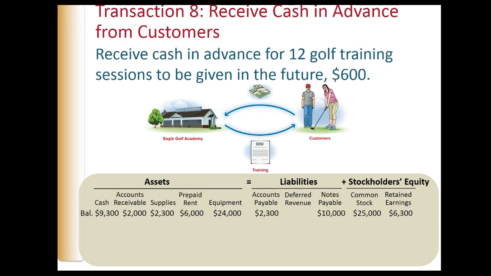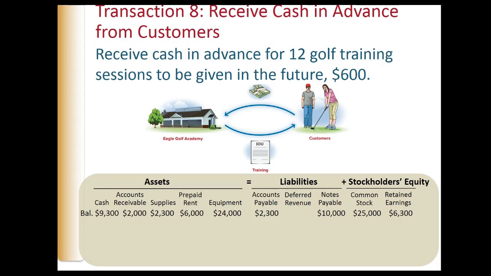Now, companies sometimes receive cash in advance from customers. Eagle receives $600 from customers for golf training that's going to be provided sometime later in the future. In this case, the company cannot report revenue from training because it hasn't yet provided the training.